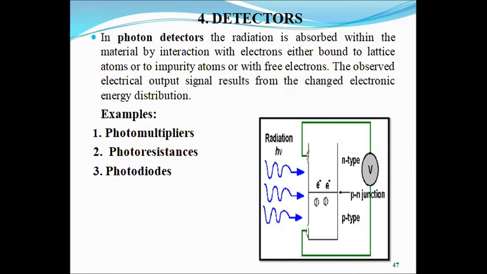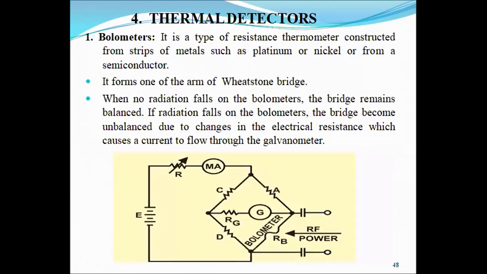We can see with the help of this diagram that the radiations are let in, which brings about the change here, and then we have some kind of electric signals.